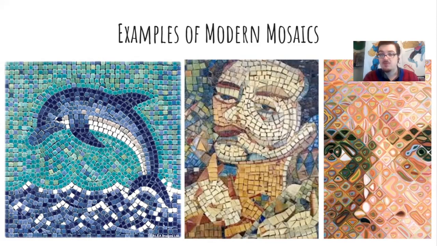So we take a look in the middle, and that is actually a mosaic by Picasso. Now, Picasso was a cubist, so he said, let me put actual and literal cubes on my artwork. So he used the Mayan mosaic style, and he created his portraits with just different shapes and different colors.